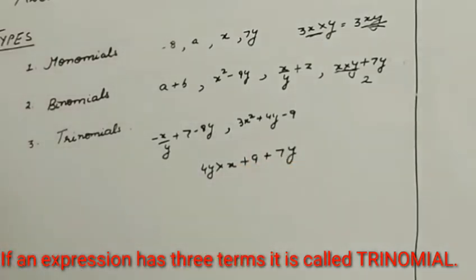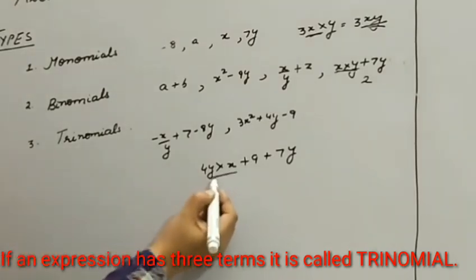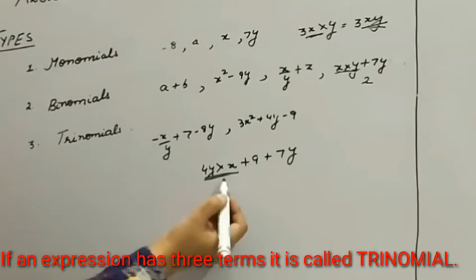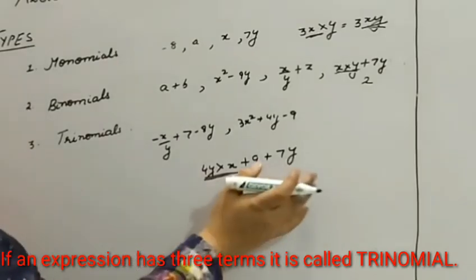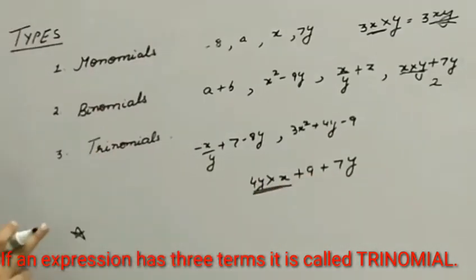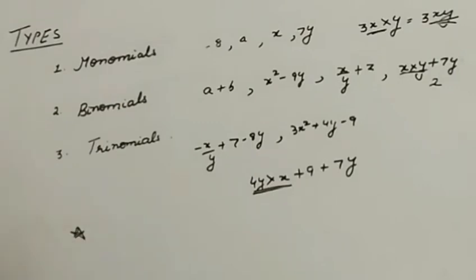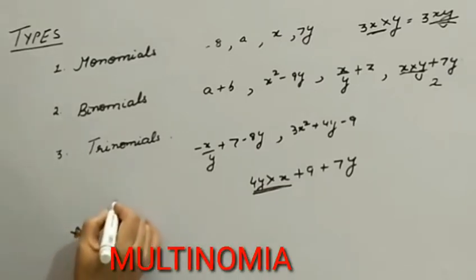Is it a trinomial or not? Again, just check. This is counted as one term. One term, two terms, three terms, so it's again a trinomial. Children, point to note, if an expression has two or more terms, the common name is multinomial.